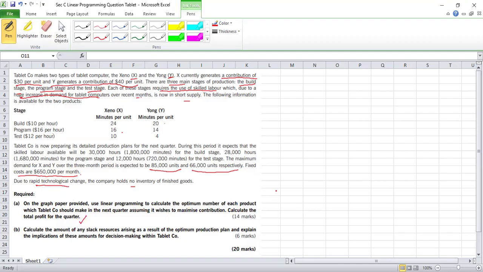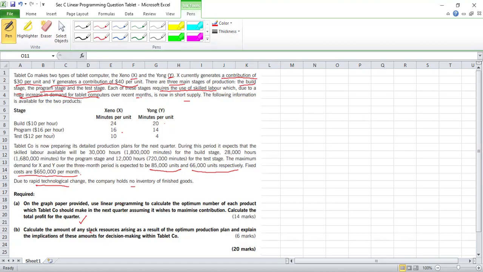Now, in your exam, the examiner will not ask you to prepare a graph. It is possible that the examiner will provide you a graph and you will be expected to draw. You will be expected to determine a few workings on the basis of the graph. But I will tell you how to make this graph, and we will learn with this data how to prepare the graph.